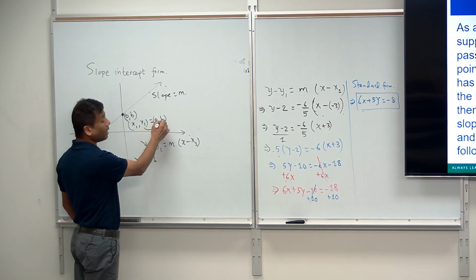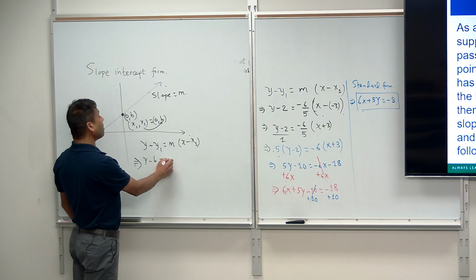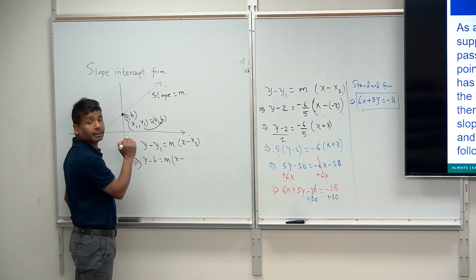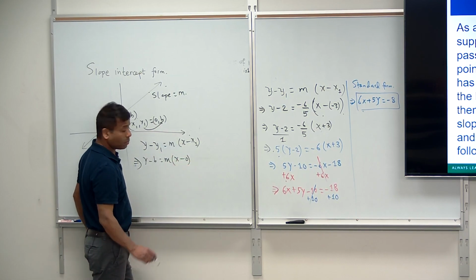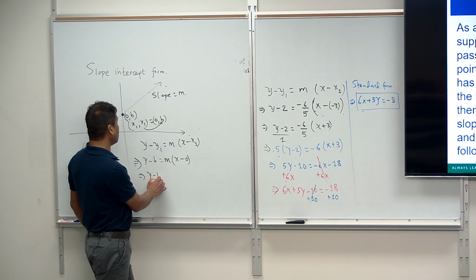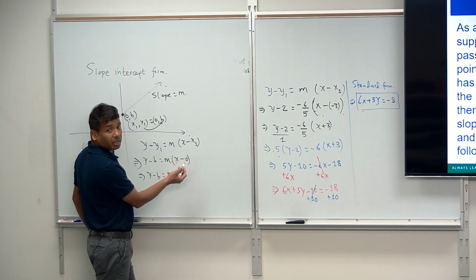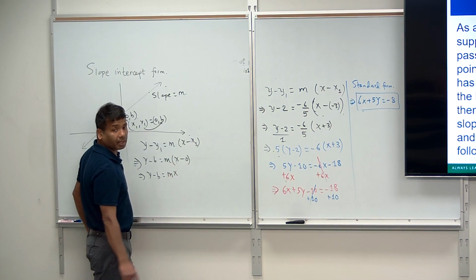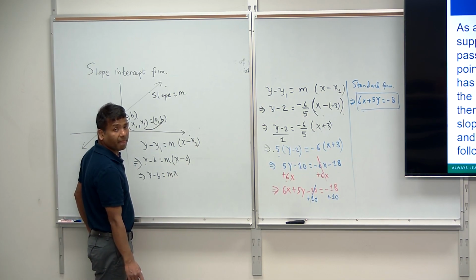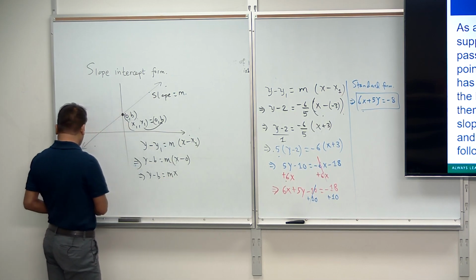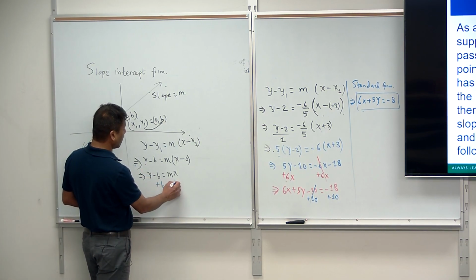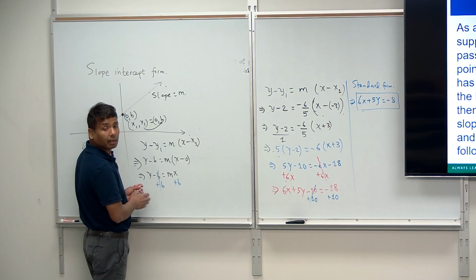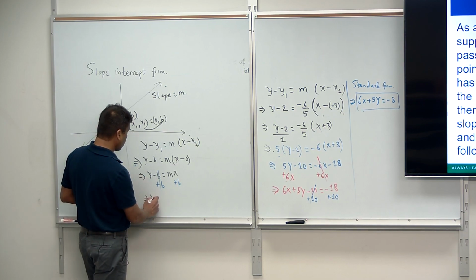Your y1 is b, equal to m times x minus, what is your x1? 0. That makes sense? So now you have y minus b equals m times x minus 0, which is simply mx. So if you add b on both sides, they cross out, and y equals mx plus b.